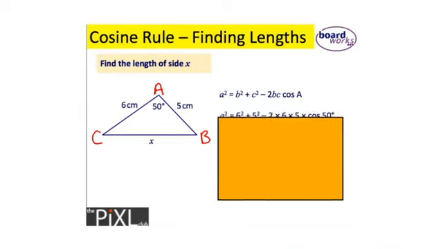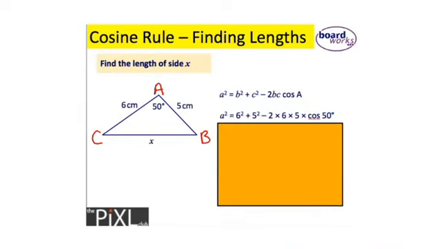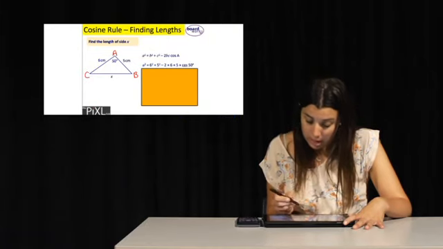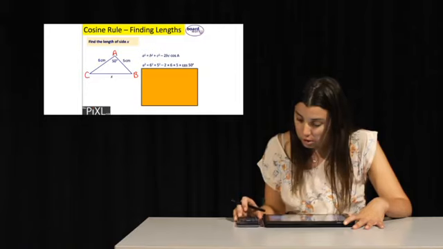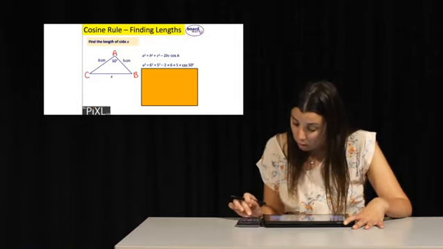If we substitute in our values here, we are given a squared equals 6 squared plus 5 squared, they're the other two sides, subtract 2, the 2 is constant, the two sides, 6 and 5, multiplied by cos 50. Cos 50 is the angle here. And then you can work out individual sections if you'd like to ensure you've got the right answer.